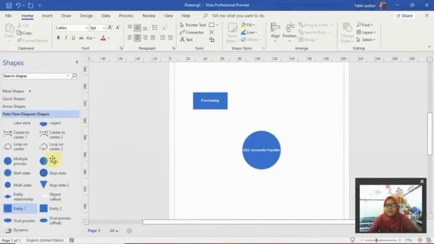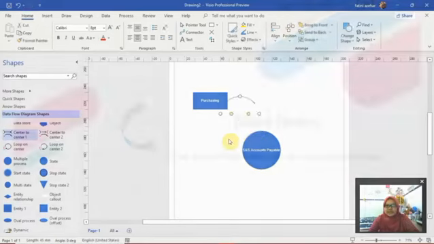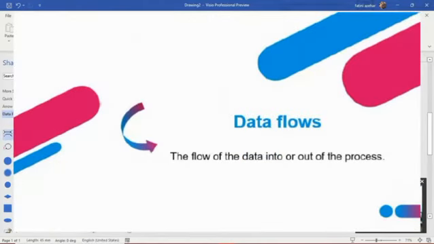Then we put the arrow to accounts payable. The arrow is a data flow that shows the flow of data into or out of a process.